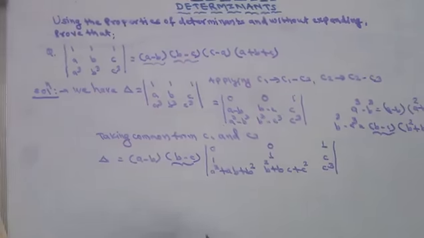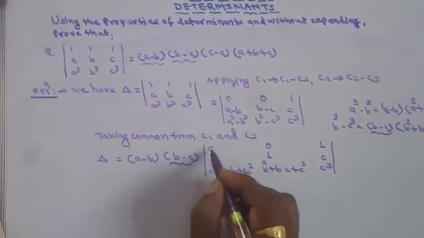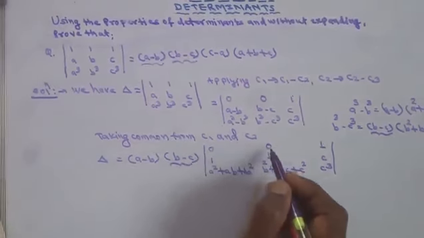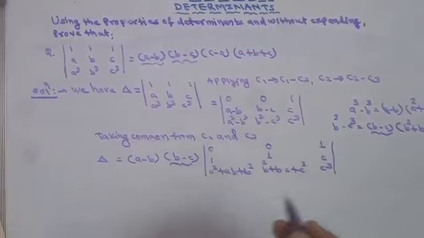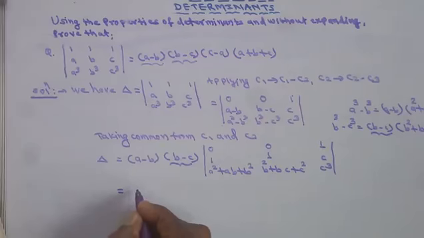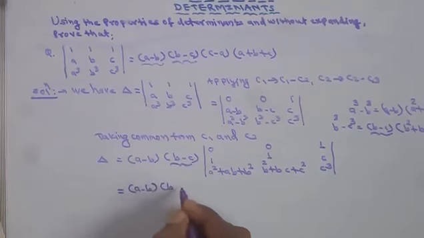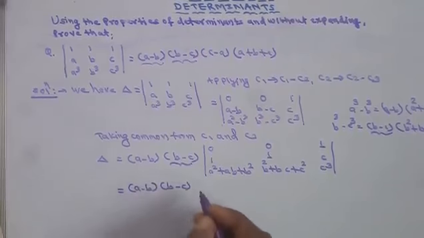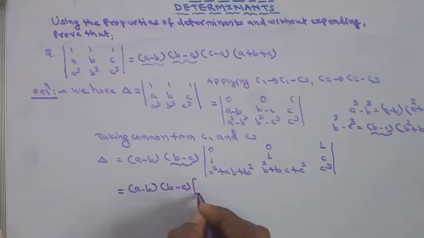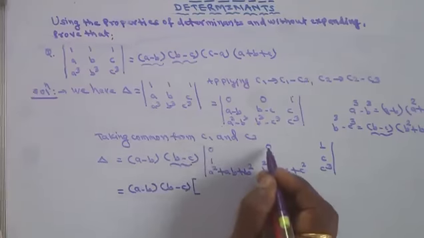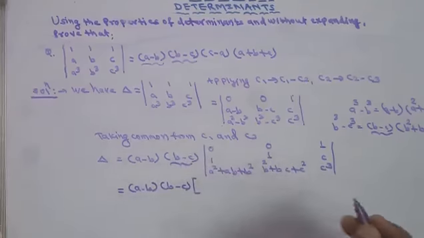Now you see I am getting two zeros in the first row, so now it is easy to expand. So this equals (a − b)(b − c). In the bracket, 0 times it will be 0, this is 0, I am expanding along R1.